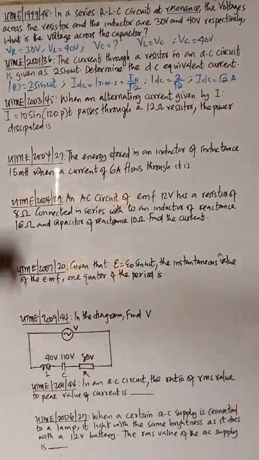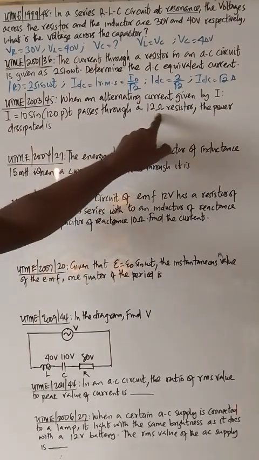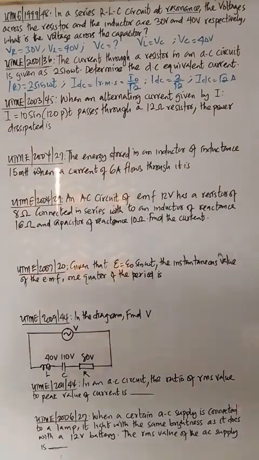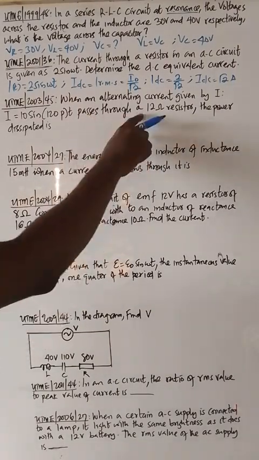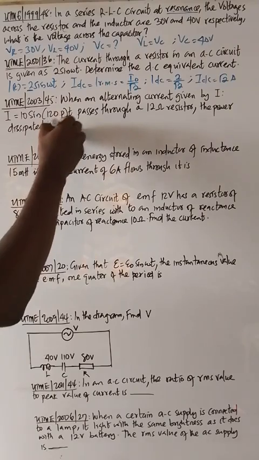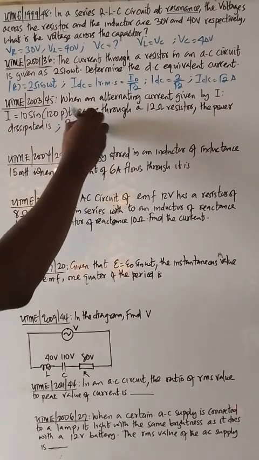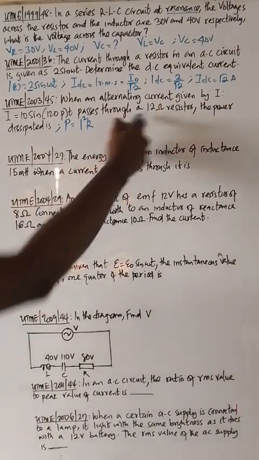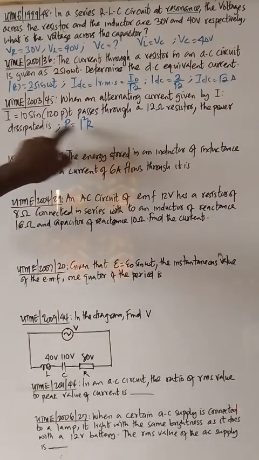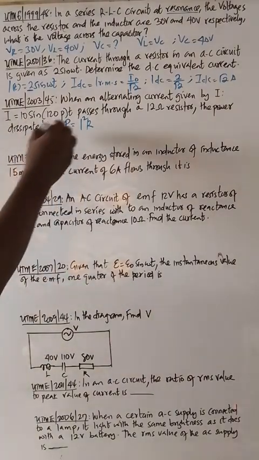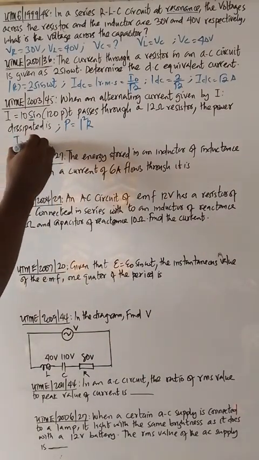Next, when an alternating current is given by this, passes through this 12 ohm resistor, the power dissipated is, now, if you are given resistance of a resistor, the power dissipated is equal to what? If you are given the current, that is I squared R. So we are given R to be 12, and we look for I. But note, this I is IRMS. I mentioned that during the lecture. So this 10 here is the peak current. So the peak value of the current is the coefficient of the sine, which is what? 10 amperes.